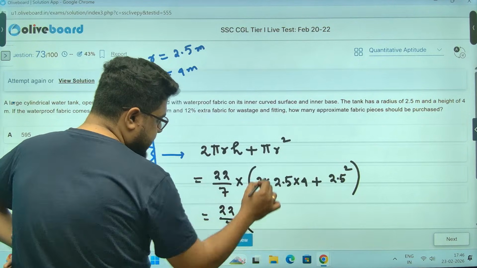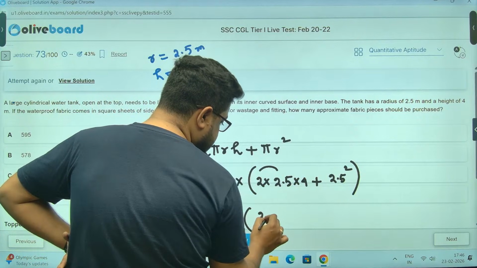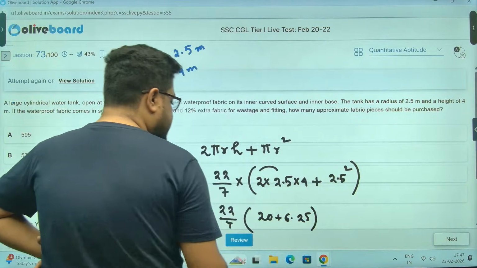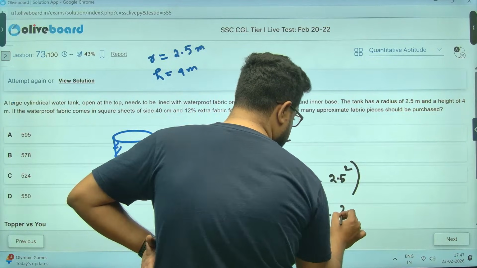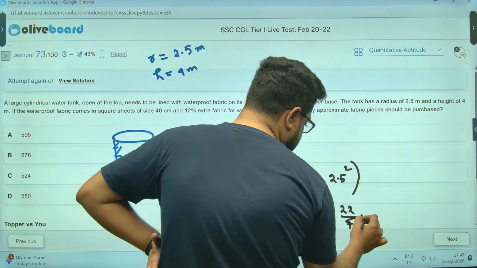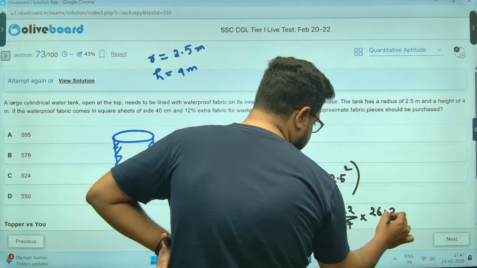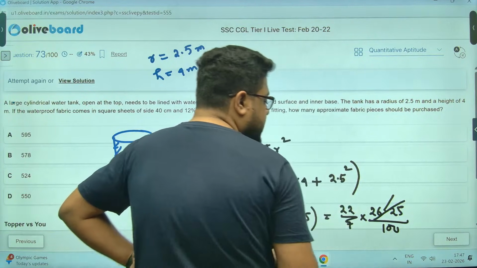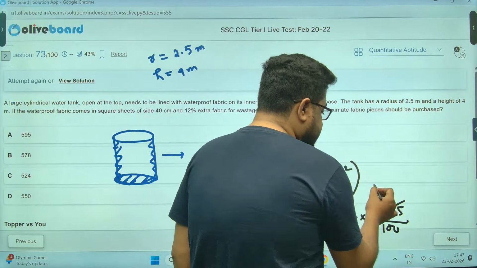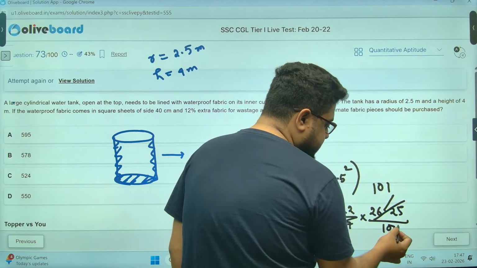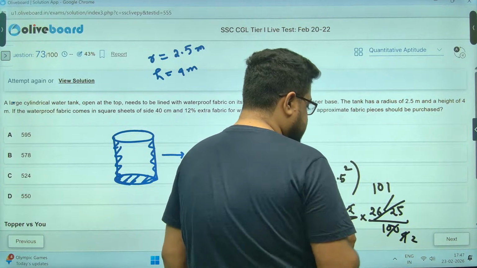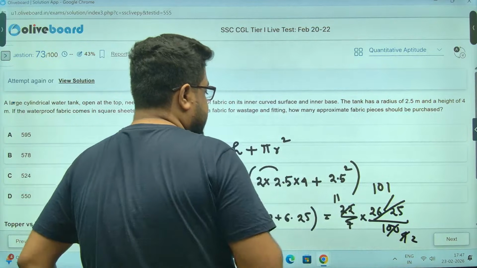This is 5 4s 20 plus this is 6.25. So 26.25. 22 by 7 into 26.25. So this gone by 100. 25, ones are this, zeros are this, ones are this, fours are this. 7 7s will not go, sir.